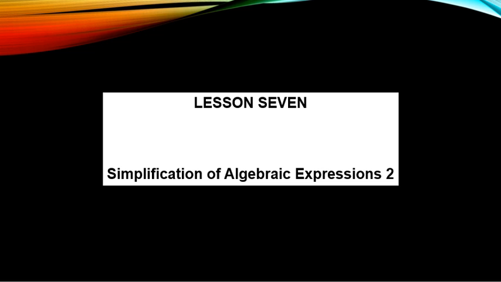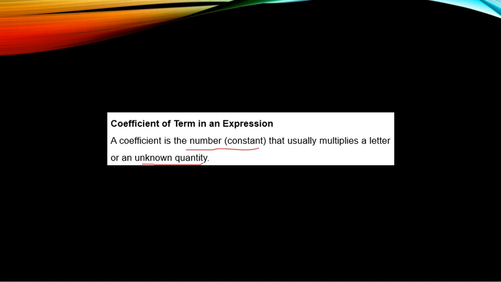Lesson 7, Simplification of Algebraic Expressions 2. So this is continuation of lesson 6. Lesson 6, the first thing we look at here is coefficient of term in an expression.